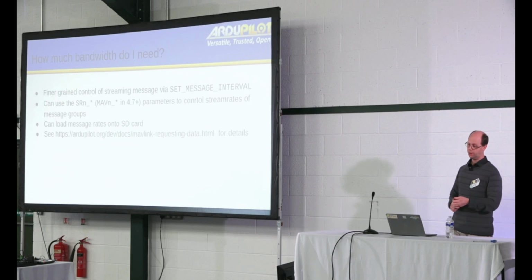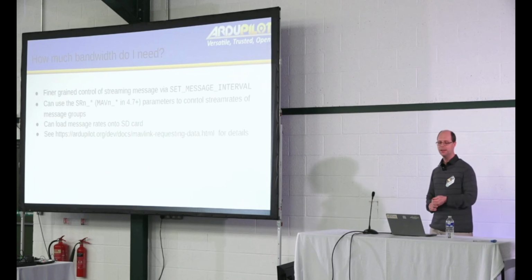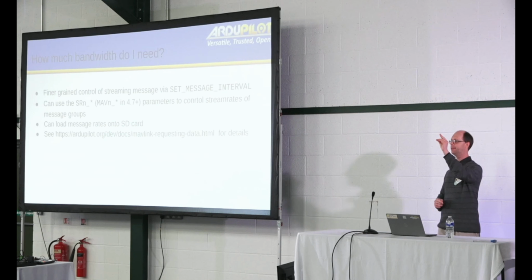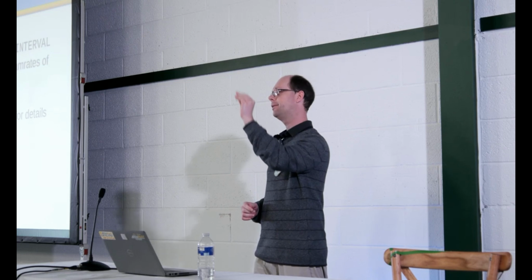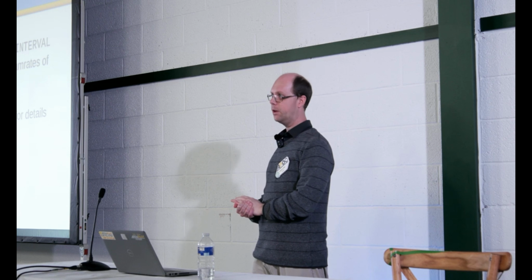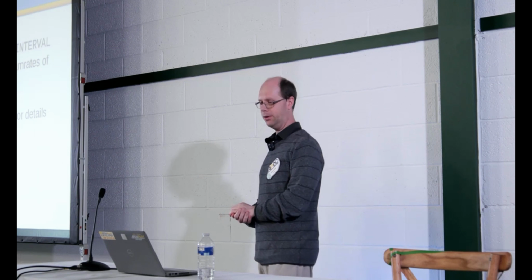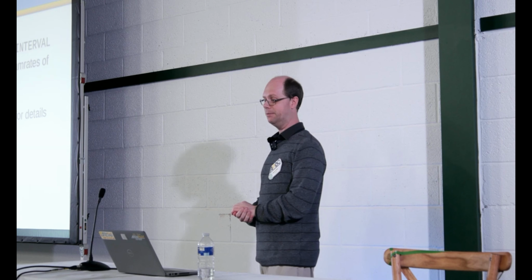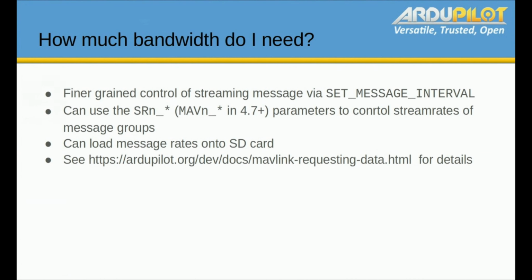Something I discovered recently is that you can also load message rates from the SD card, where you give ArduPilot a little text file listing a MAVLink message ID and how often you want it sent, I believe in milliseconds. All of these methods are available on the ArduPilot wiki at that link. So there are about 3 or 4 different ways to do that, depending on what works best for you.